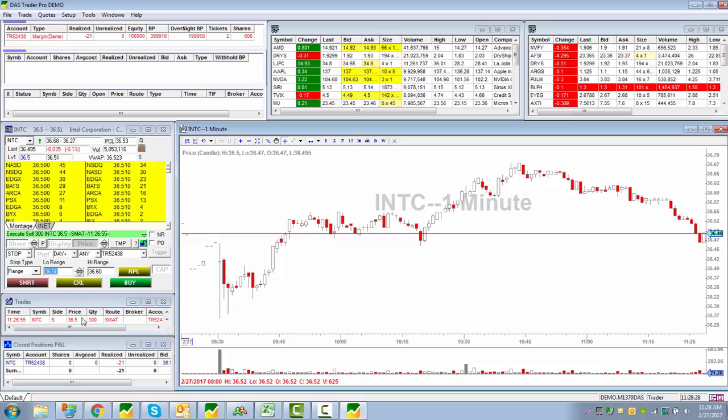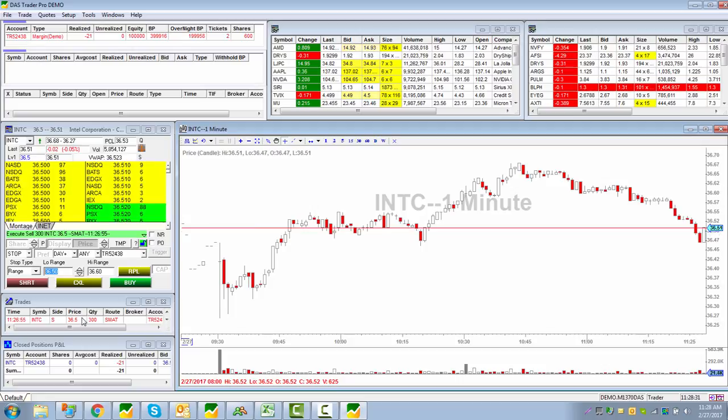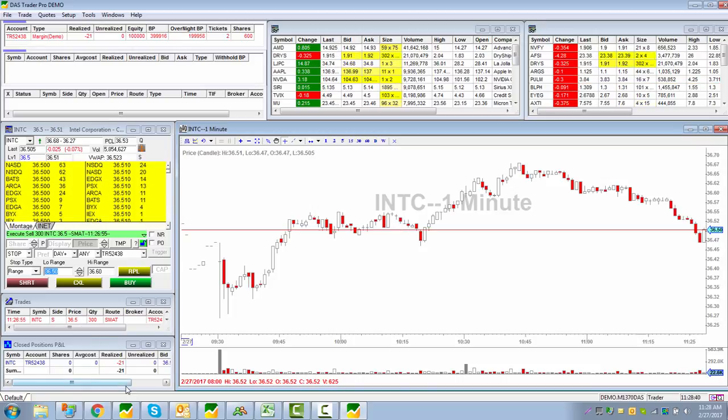For example, in our stop range, the low range will always become your stop market. So once that triggers, it'll pull back up, and your target, your high range, will always be your limit price. So if you are trading an illiquid stock and it gets up to, for example, that 36.60, if it didn't trigger on your stop and it went up to 36.59 or 36.60, or even 36.61, you said, oh, what happened?